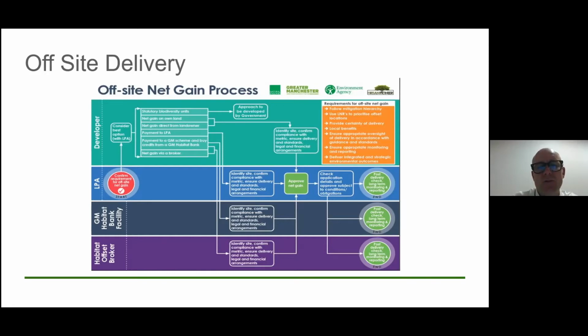So we've commissioned some work recently to set out a more detailed action plan as to what we need to do to help deliver off-site and receptor sites, to help developers find those offsets.